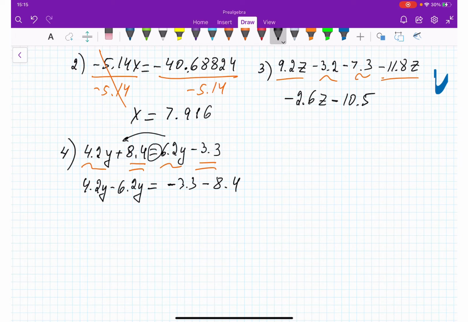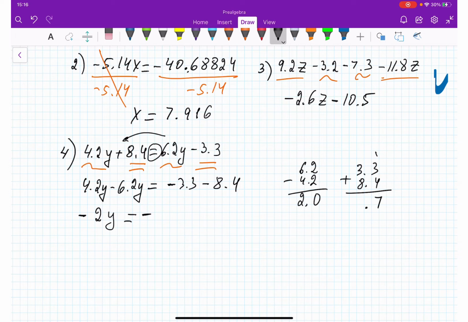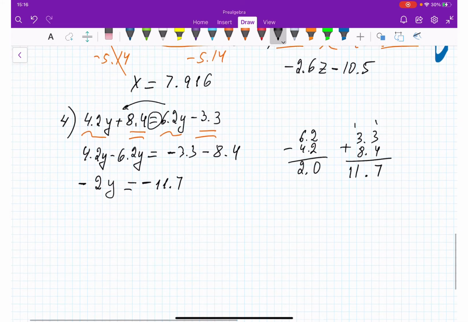Okay, so we are going to subtract 6.2 minus 4.2 because signs are different, and put a negative sign because 6.2 is the greater number. So 2.0 or 2y equals. On this side, both of them are negative, the sign is going to stay the same, and I'm adding them. 3 plus 4 is 7. 3 plus 8 is 11. We are getting 11.7.